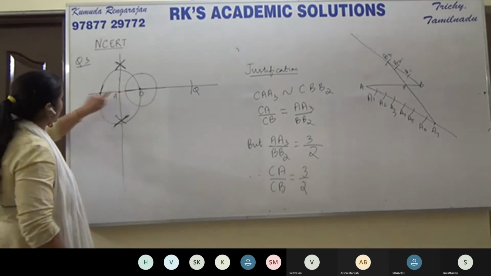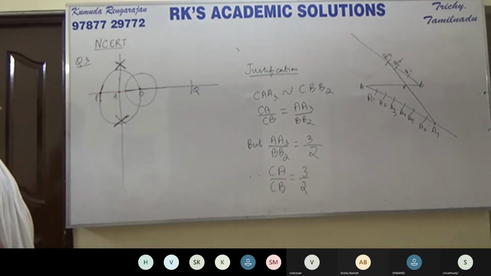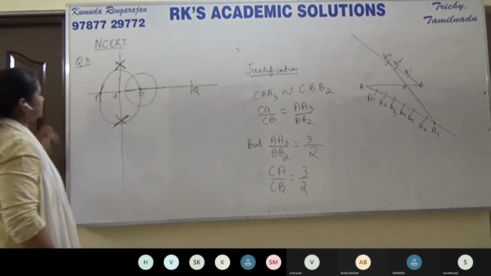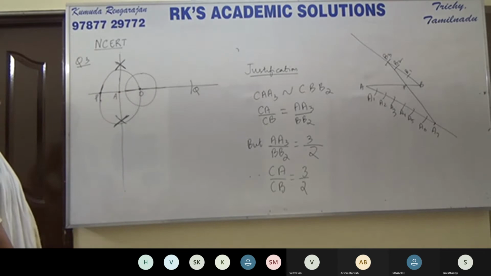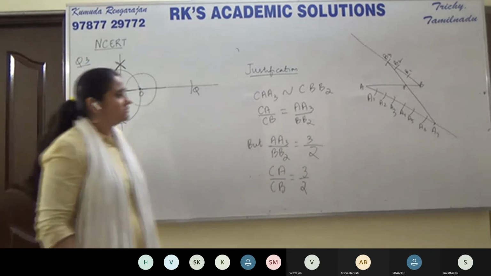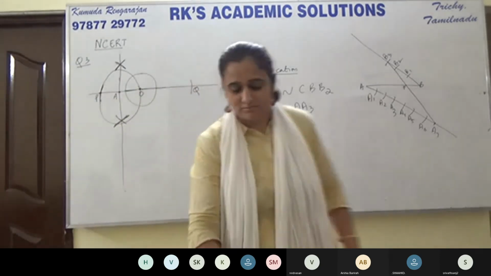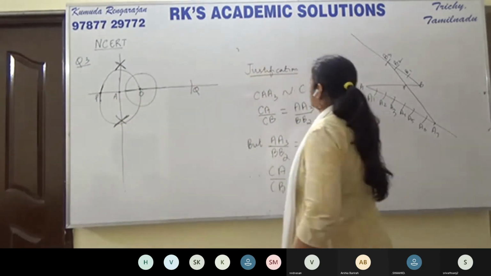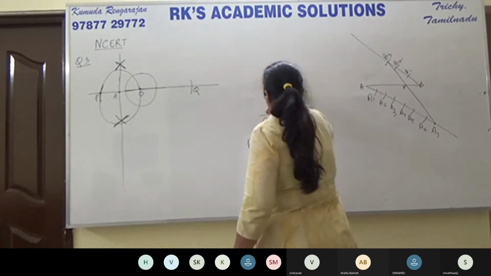That circle will pass through O and P. Finished. We got the tangent. That's all. I'll tell you the justification why the construction works.